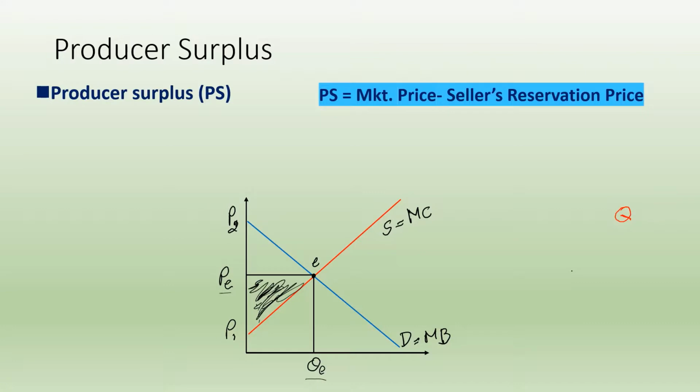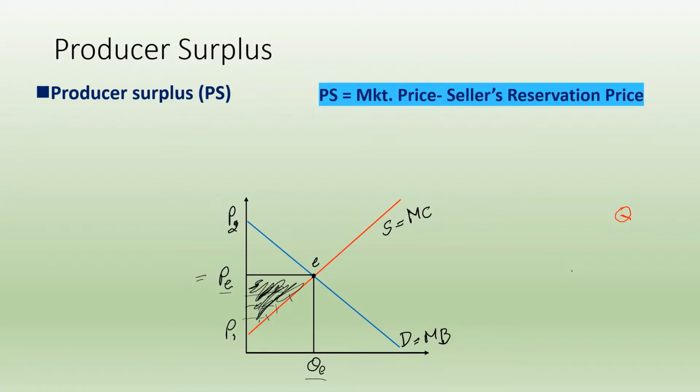Some sellers have a reservation price like this, and some sellers have a higher reservation price, and the last seller in this market has a reservation price exactly equal to the market clearing price, and the last seller, just like the last buyer, is not going to have any producer surplus.